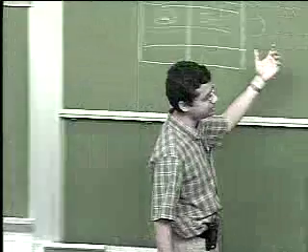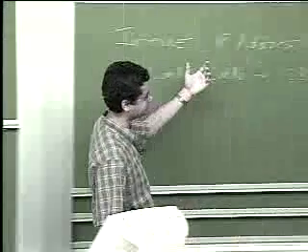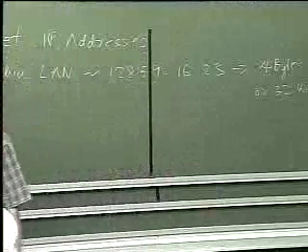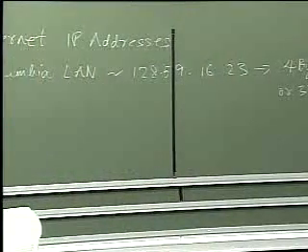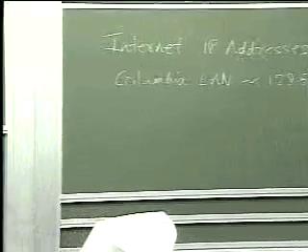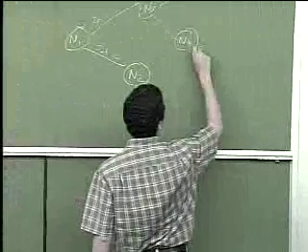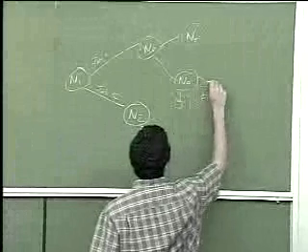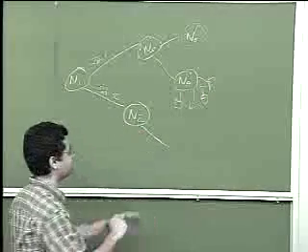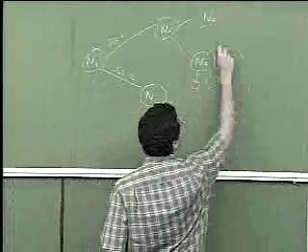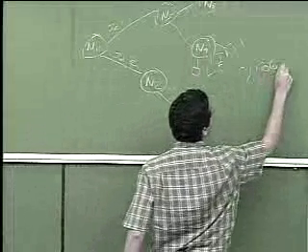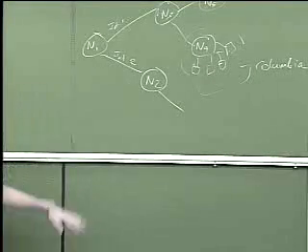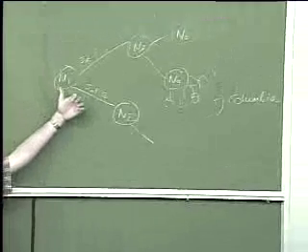Now what's the logical way to aggregate these addresses? So again, let's say this is a router, and all of these machines are in Columbia. Here is this router sitting somewhere in California.